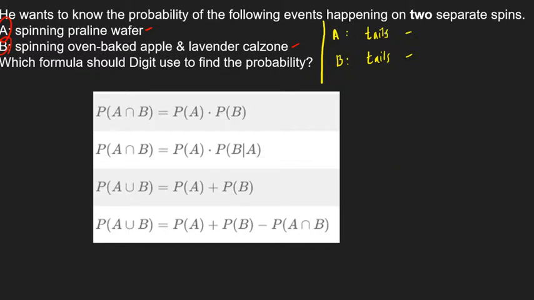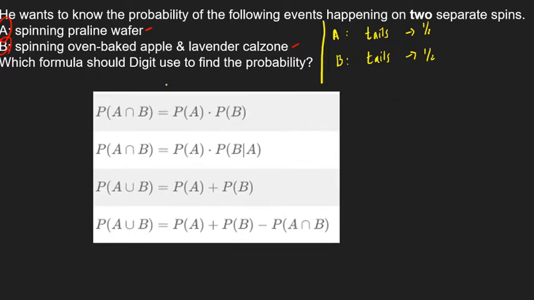I know that for each of these, the probability of getting tails is 1/2, right? Getting tails the first time is not going to affect whether or not I get tails the second time. So the probability of event A is 1/2. The probability of event B, flipping tails on a fair coin, is still 1/2. But I'm asking, what's the probability of getting A and B?